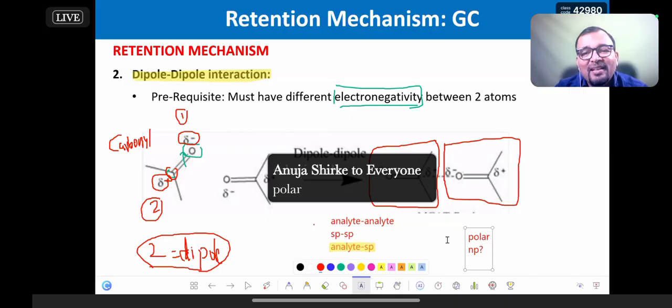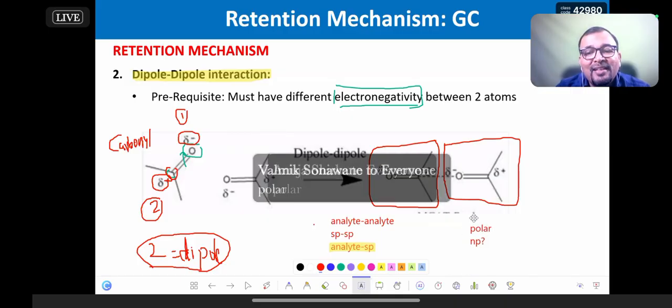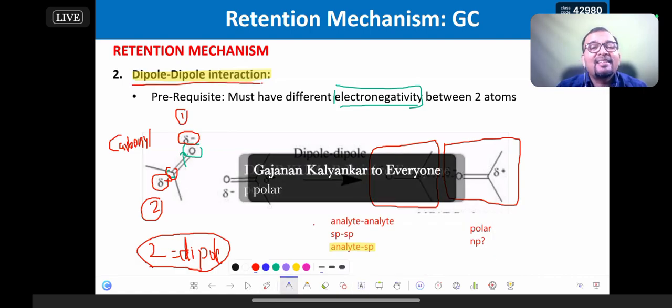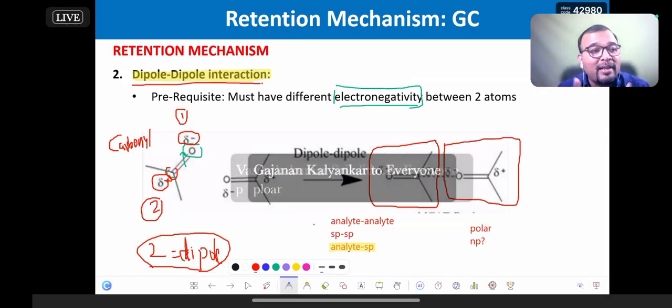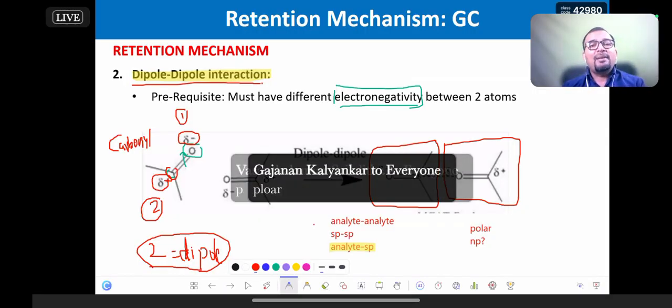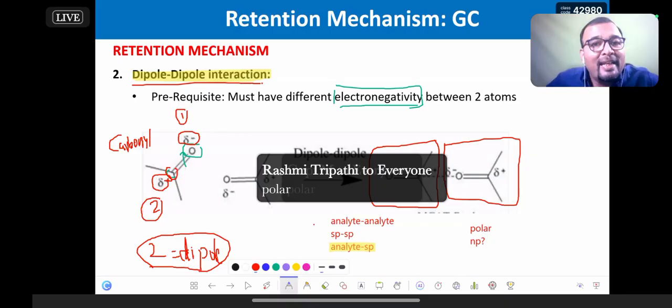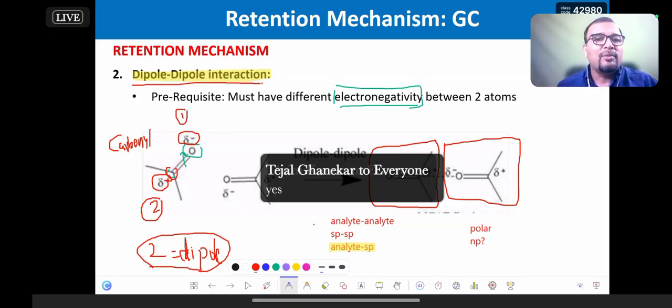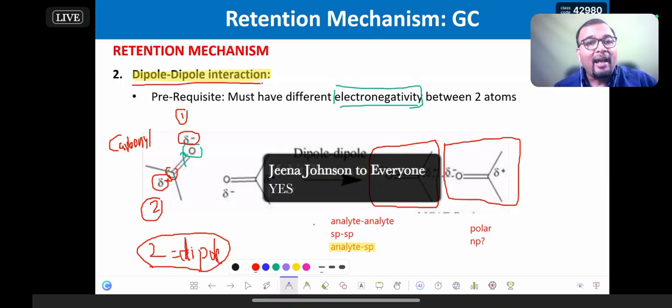What should be the nature of your stationary phase and analyte, provided you want to have a dipole-dipole interaction as the retention mechanism? So both should be polar in nature. Are you getting my point? Please type in yes in the comment box if you are really getting my point. Because dipole-dipole only comes into existence if both stationary phase and analyte are polar in nature.